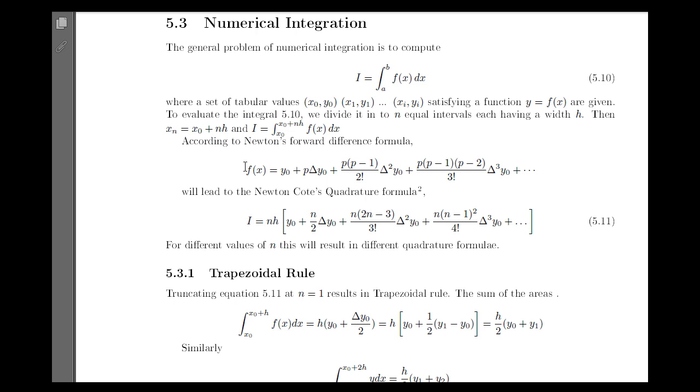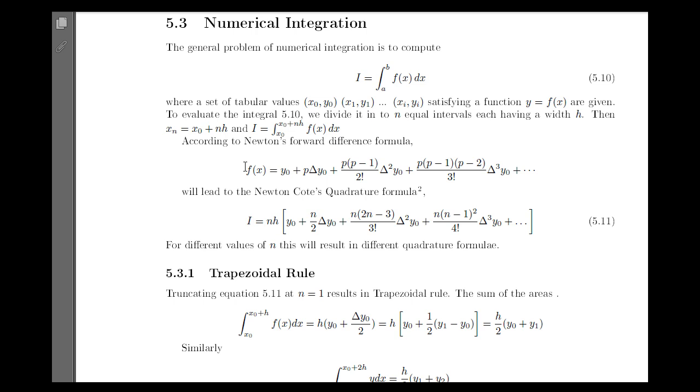The integral value is given by nh [y0 + (n/2) Δy0 + n(2n-3)/3! Δ²y0 + etc.]. And now the value of n will change from 1, 2, 3, etc.